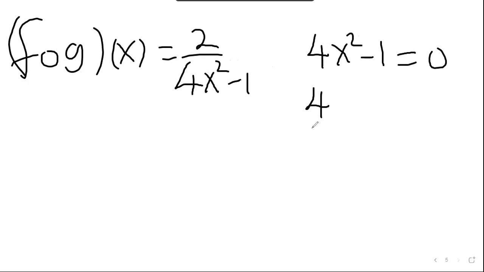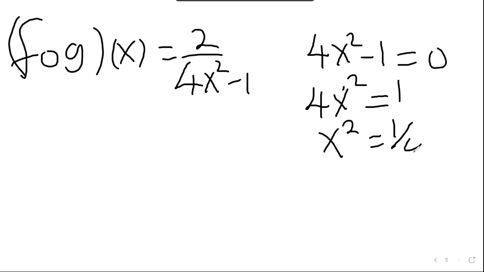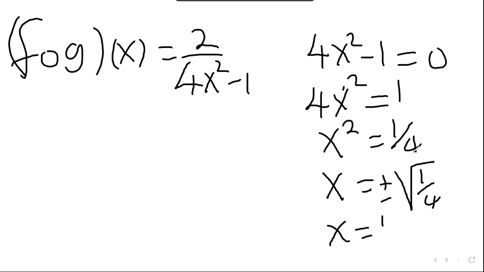So when we do that, you're going to have 4x squared equals 1, meaning that x squared is equal to 1 over 4, implying that x is equal to plus or minus the root of 1 over 4.